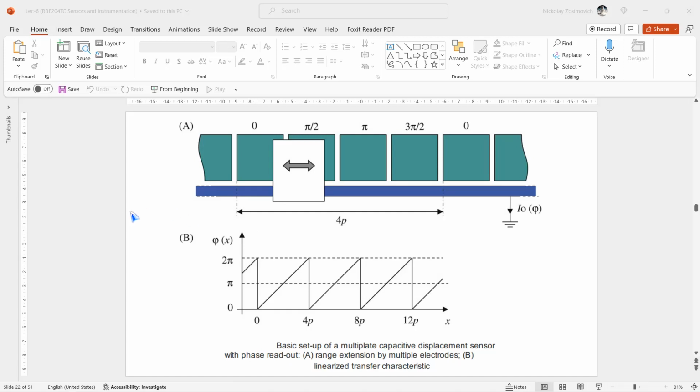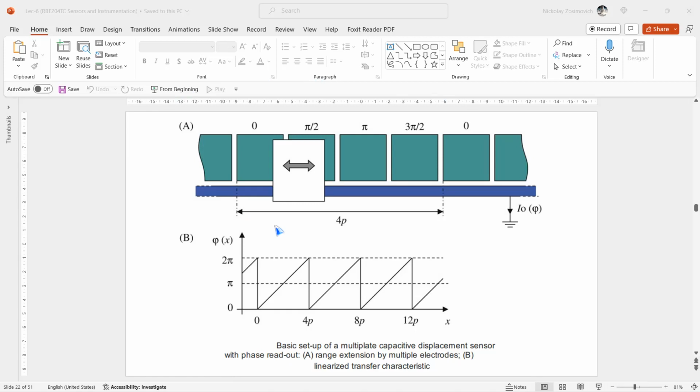Upper figure A shows this concept. It consists of an array of sections similar to the one in the previous figure. When the moving plate approaches the end of one section, it simultaneously enters the next section.